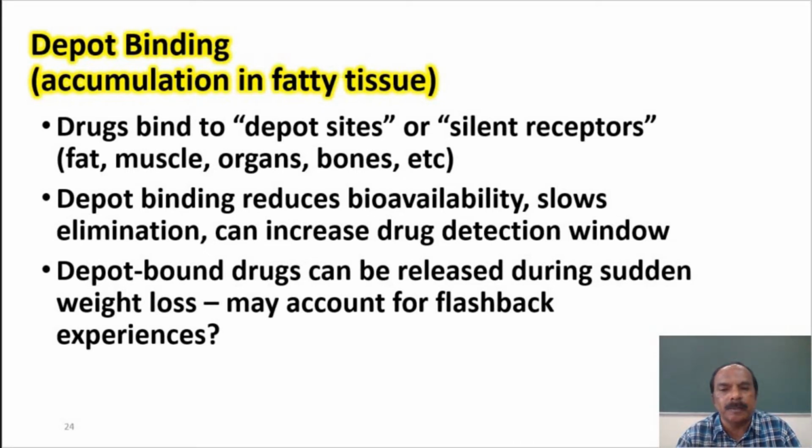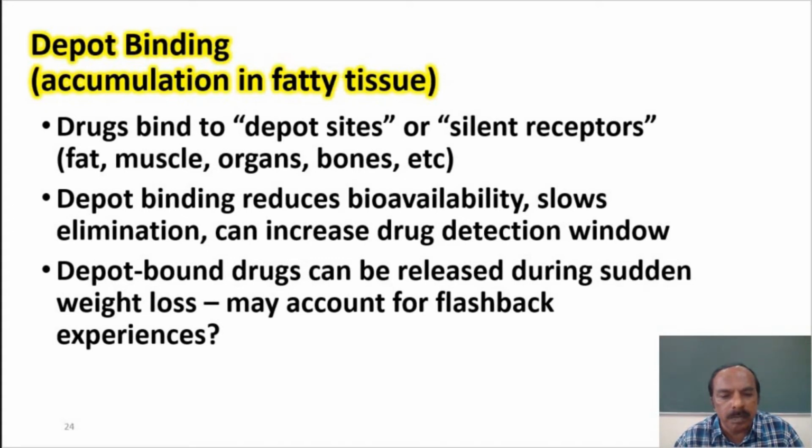If you take a drug, the drug goes and binds to a certain depot site and is deposited there, and hence it is not available for action. It actually slows down the process of action, and it also can cause a drug detection window. So the important factor that we have to look into is depot binding.